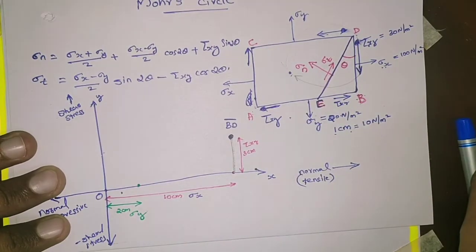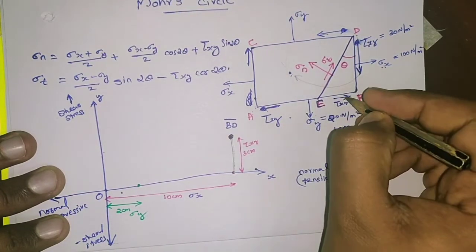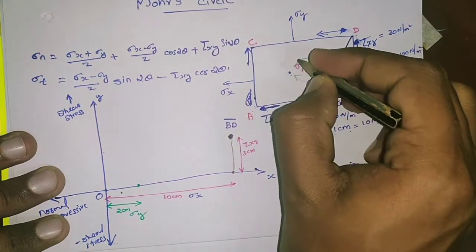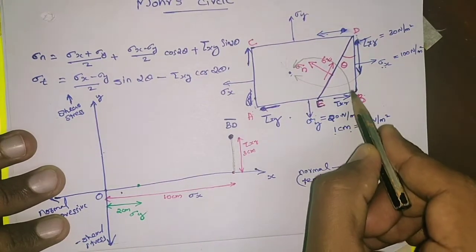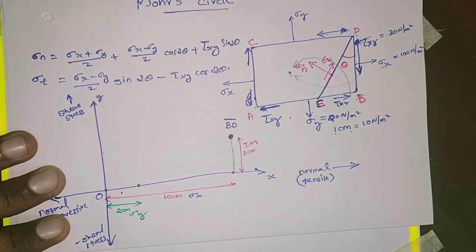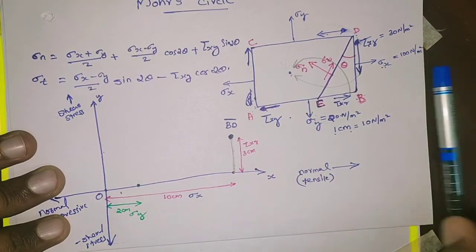And if you check the direction of movement, we can say the tau xy is making an anti-clockwise moment with respect to center. An anti-clockwise moment with respect to center is taken as negative shear stress. So from this point, draw a line.